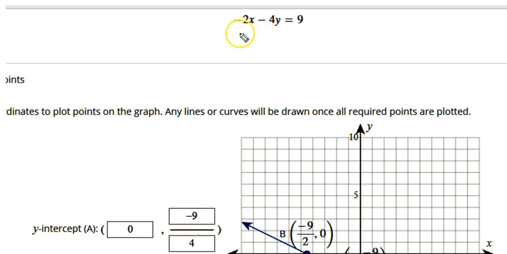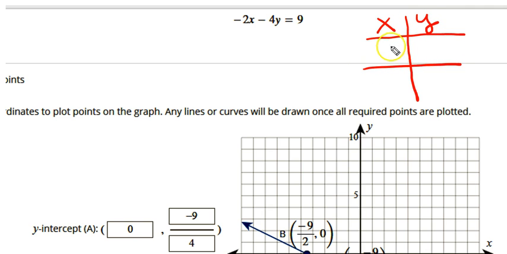Here they're asking us to plot the x and y intercepts. This equation's in standard form. So I'm always going to suggest that when you have that, you make an x and y intercept t-chart. And this is what the x and y intercept t-chart looks like. You put a 0 under the x, and then skip a spot and go 0 under the y.